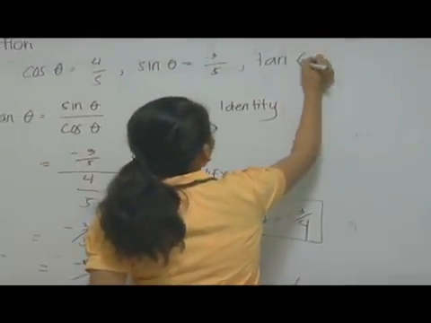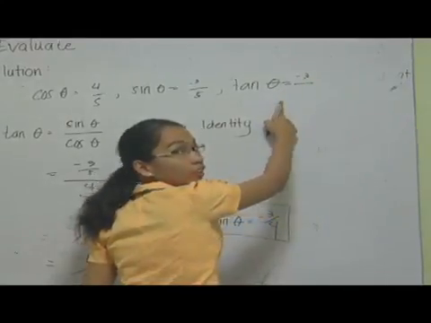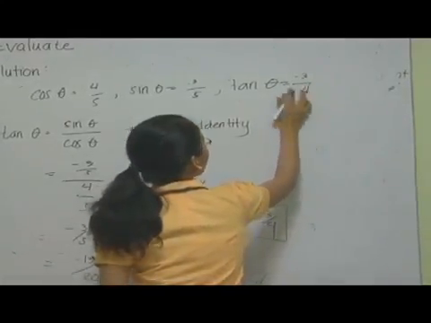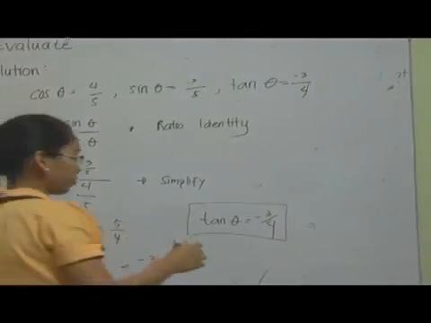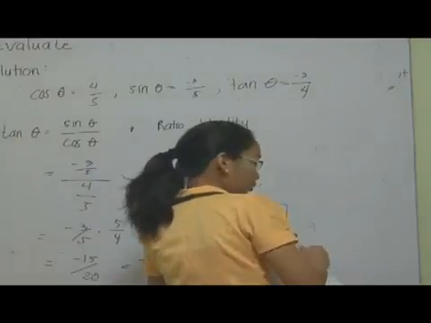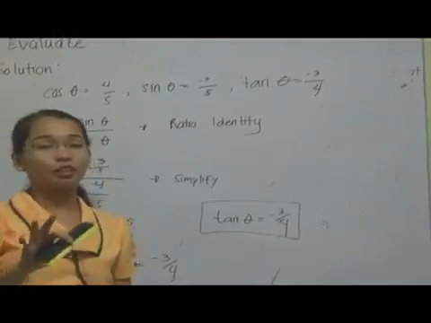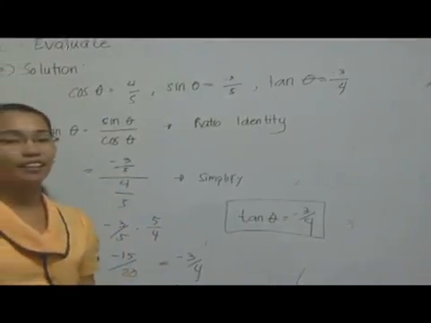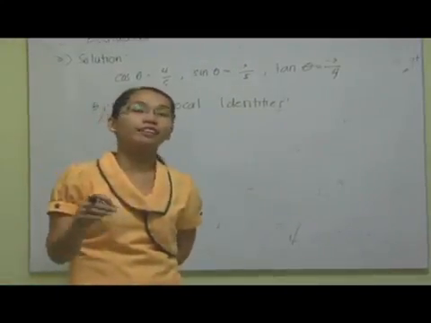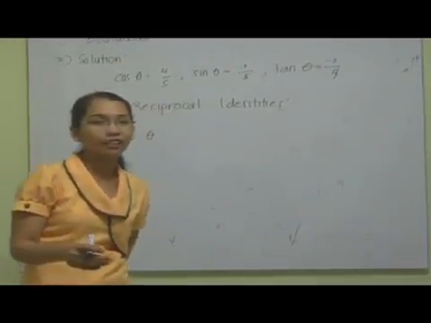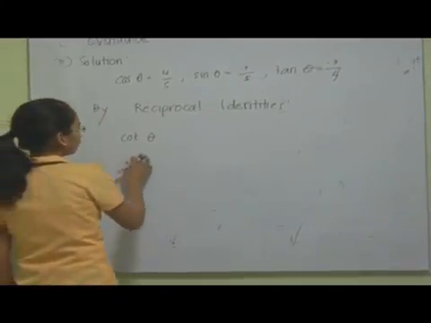Now we already have the three values, the value for the cosine theta, the sine theta, and the tangent theta. Since we have them, we can now get the other three values by reciprocal identities.